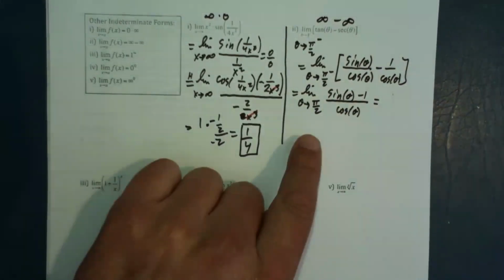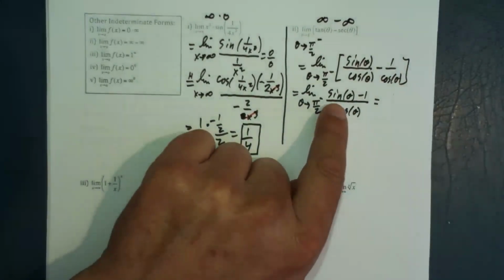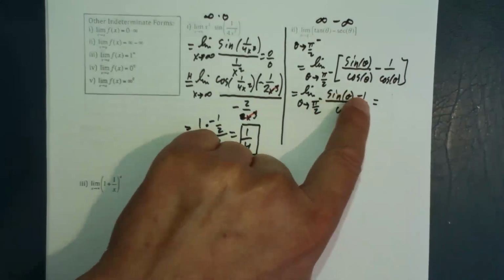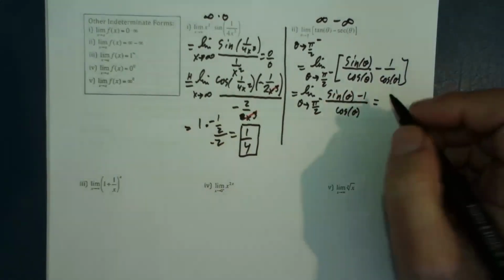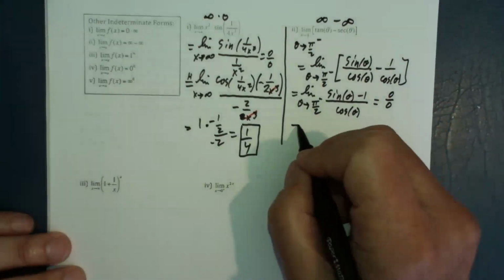And now when we plug in pi over 2, oh, I lost the left side. Sine of pi over 2 is 1, 1 minus 1 is 0, and cosine of pi over 2 is 0. So we now have one that we can use L'Hopital's with.